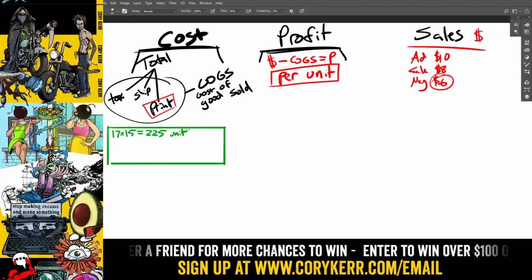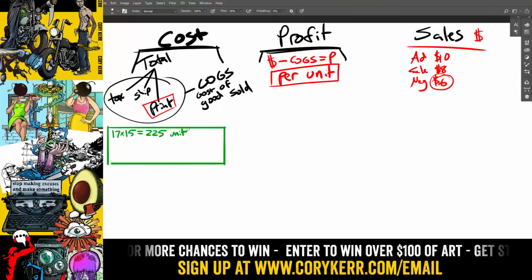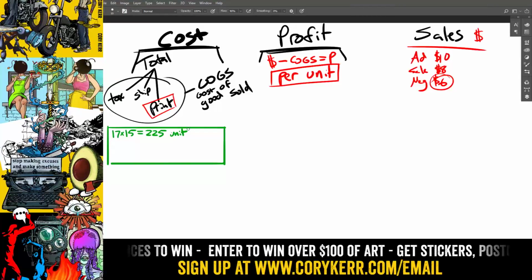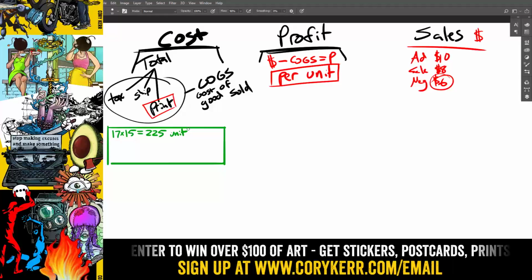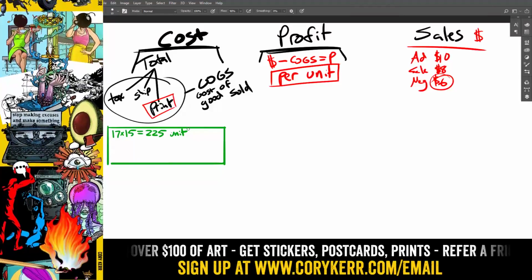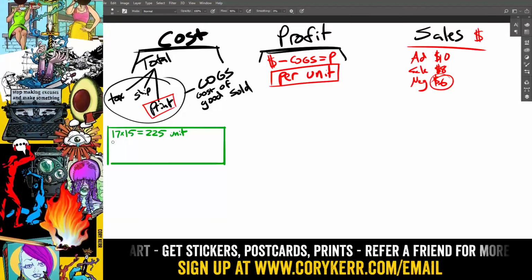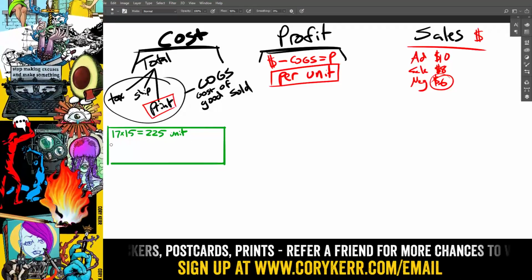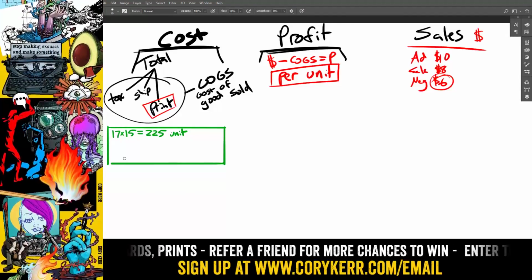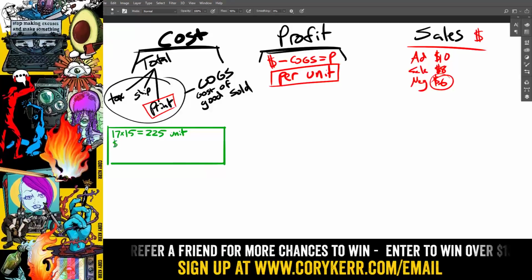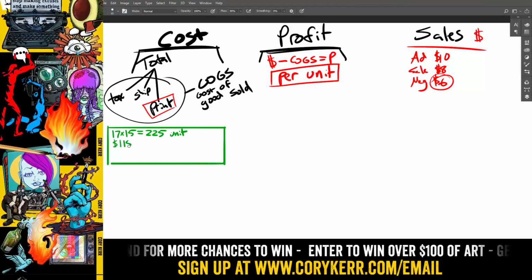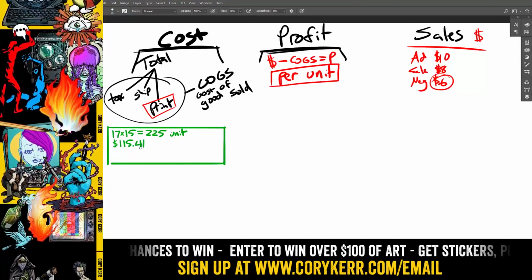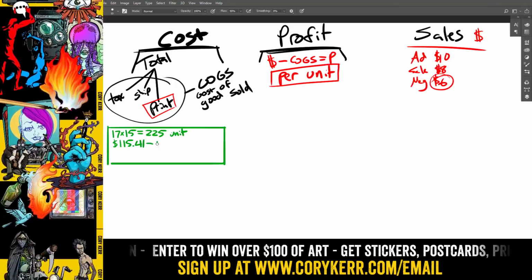That's how many postcards I'm bringing to this show. The price that I ended up paying for that, my printing costs, was $115.41. Okay, that's printing.